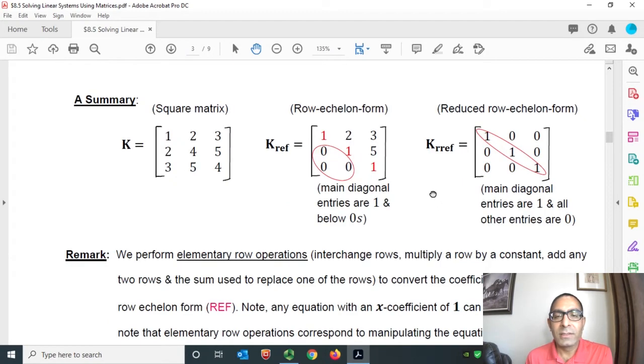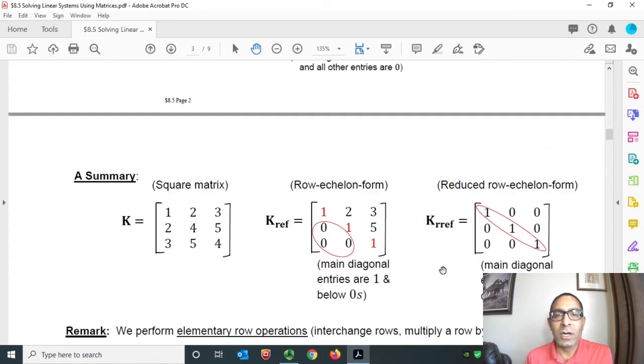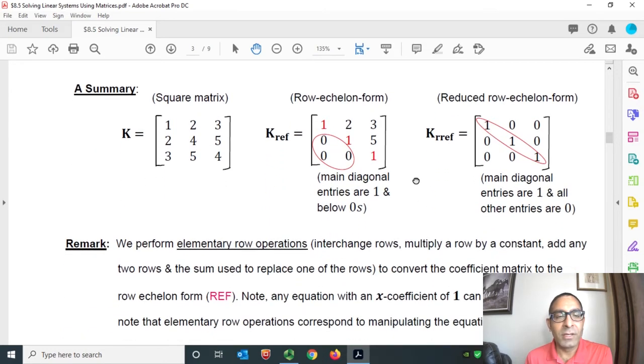Now next, let me give you a comparison chart between a square matrix, a matrix in row echelon form, and a matrix in reduced row echelon form. So here K is the square matrix. Its size is 3 by 3, 3 rows, 3 columns.